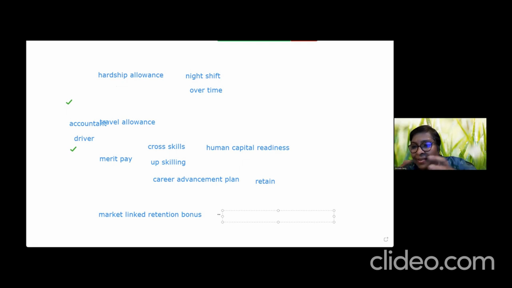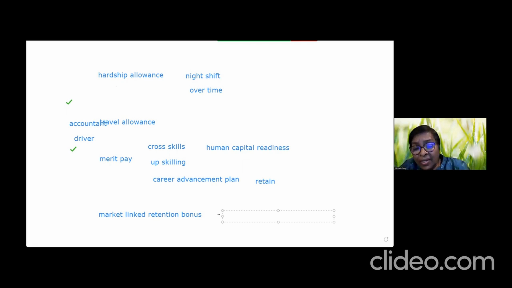Are you able to get the essence of it? What I told you, that large IT organizations do not give these bonuses because they had a conflict in terms of the others perceiving that their skill sets are not unique. So they stopped giving market linked retention bonus and ensured that they align their bench strength training with those skill sets or technologies which are there in the pipeline required by the projects.